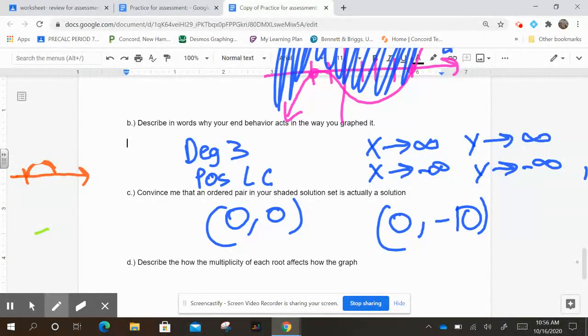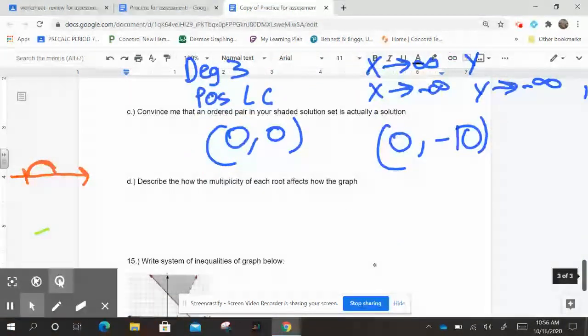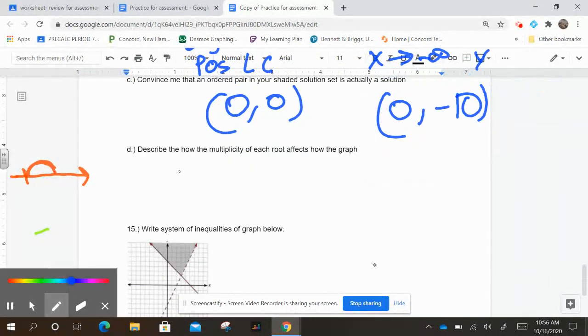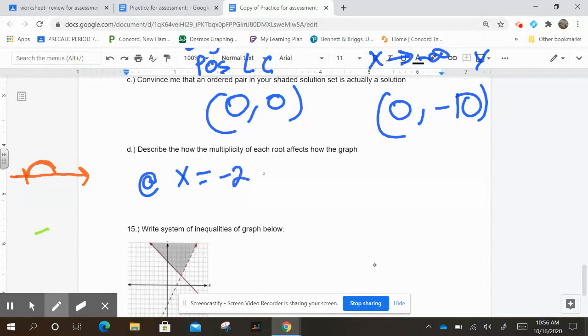Okay, multiplicity on this one. On this one we had x equals -2. We have multiplicity of 2. So it's a double root, and it's going to bounce off.